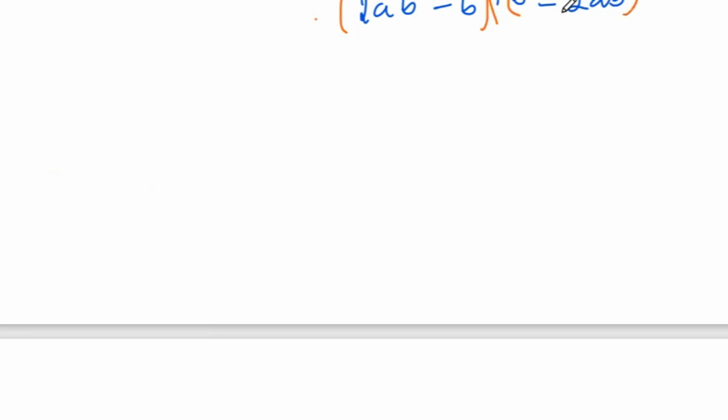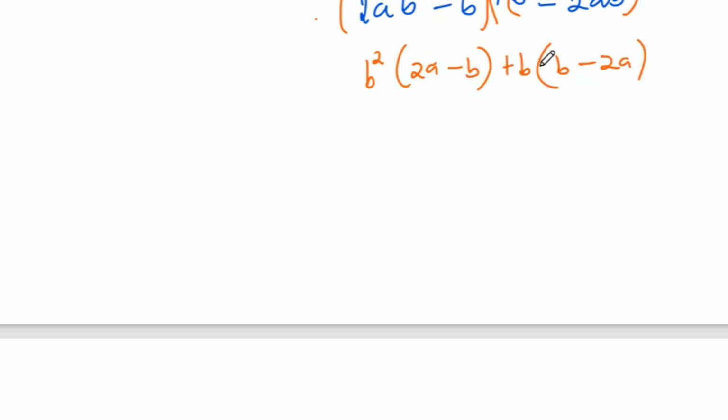Just make sure there's a plus sign somewhere between the brackets. What I see as common in the first bracket is b squared, so I'll take out the one with the smallest exponent. I'll be left with 2a minus b. Now, what do I see in the second bracket as common? It's just b. I'll say plus b is out, and I'll be left with b minus 2a.